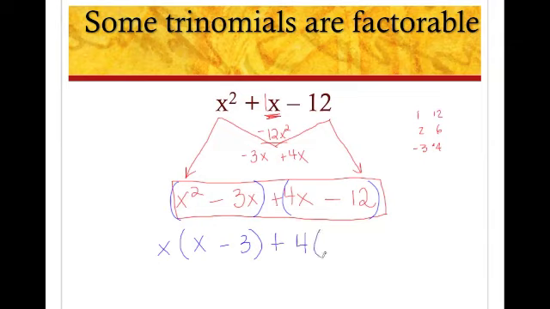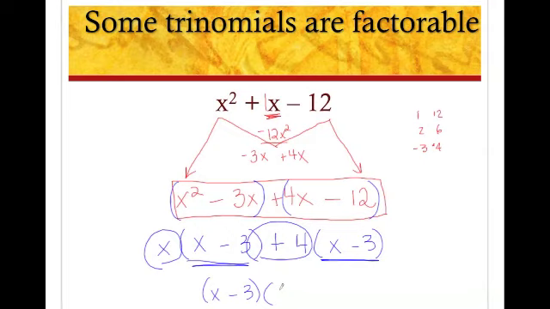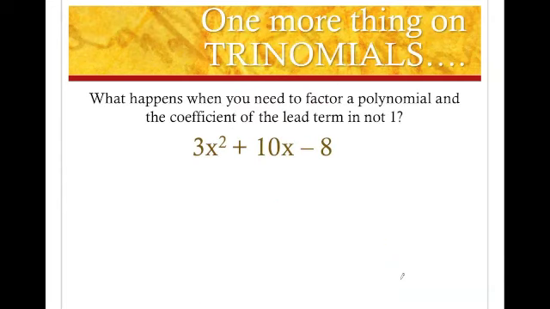This one has a common factor of 4. Now these have a common factor of x minus 3. I'm left with my x plus 4 for the rest of the factorization. And now I'm finished.